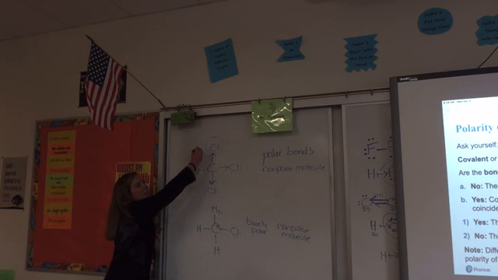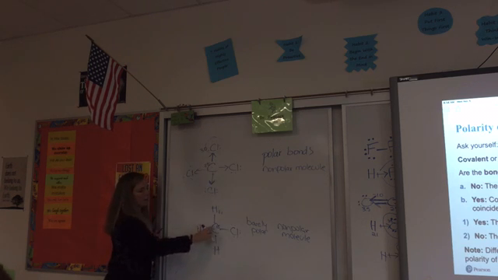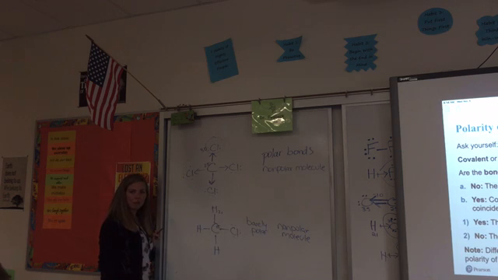Keep in mind 3.0 compared to 2.5 versus 2.5 to 2.1. The bottom line is chlorine is a much better tug of war player than either of these. So you're not just looking at the difference, but you're also looking at who's involved. In general, chlorine's a better tug of war player. It has a higher number. Those differences are coming from higher numbers.